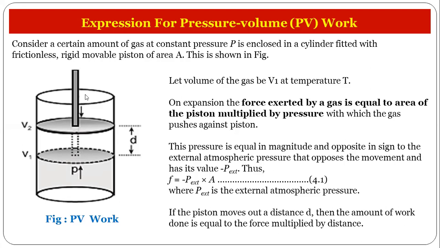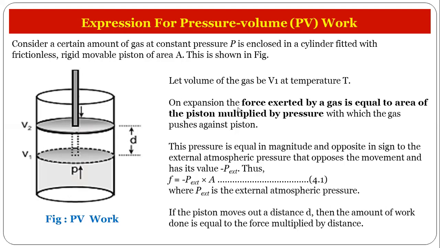That is, an opposing force is there from top to bottom, and the driving force is from bottom to top, that is upward direction. See this arrow, this is the driving force, and the opposing force is from top to bottom, that is downward direction. So there are two forces, one is driving force and one is opposing force.